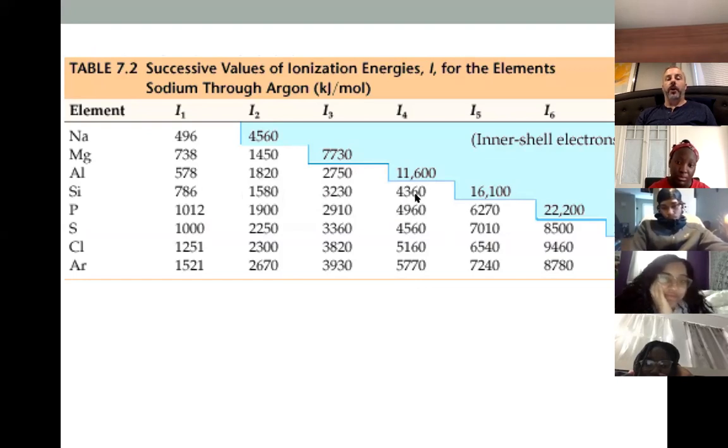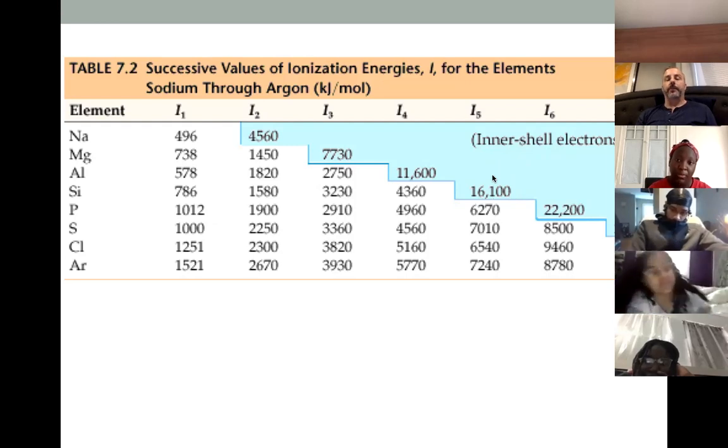Once those 4 are gone, now you see a huge jump of over 12,000 because now we're removing an inner electron from a new shell, and that's a stable shell. And so we can just predict, basically, always just look for the big jump, and it'll help you figure out what family it's in or how many valence electrons it has.